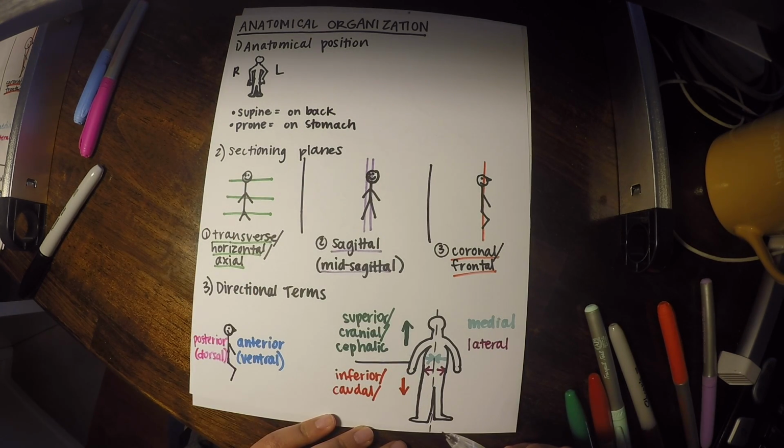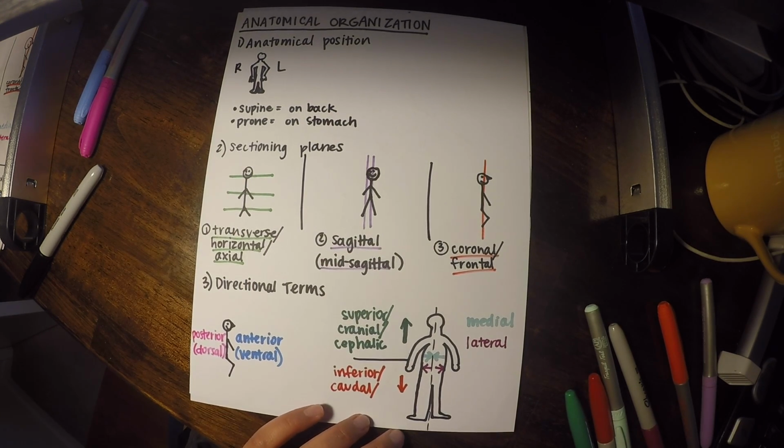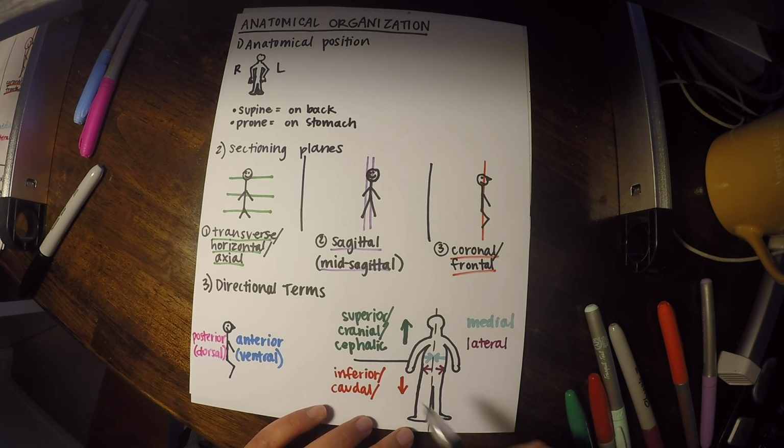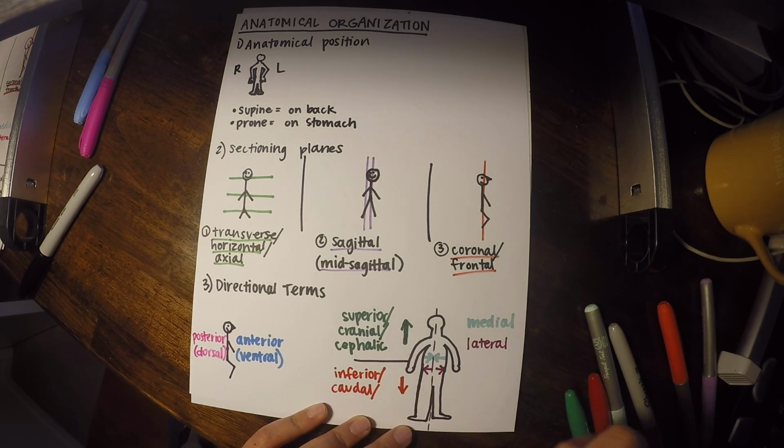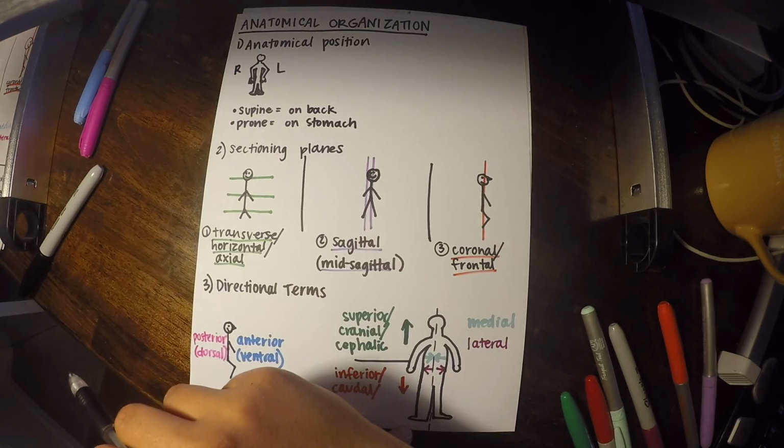Is something going to switch from what we originally thought of as our shoulder being more superior to our elbow? Does that go out the window when someone's lying down because now it's not technically higher? Nope. We always have to reference in terms of anatomical position.